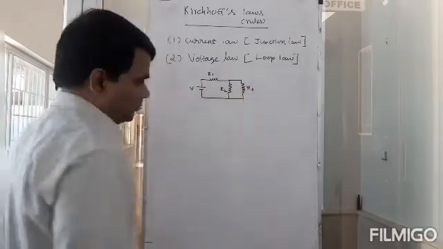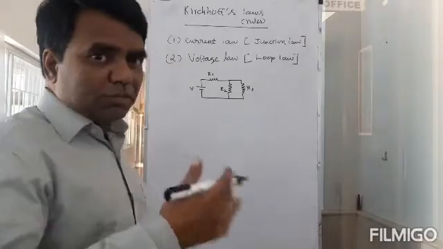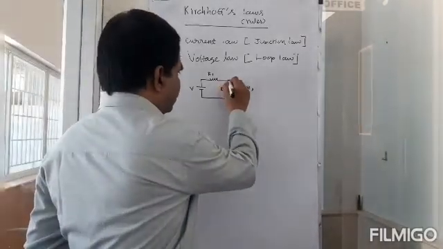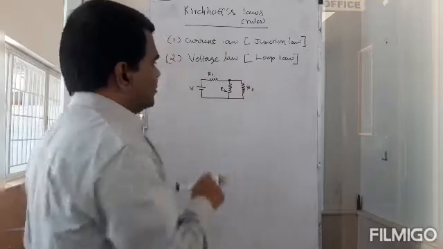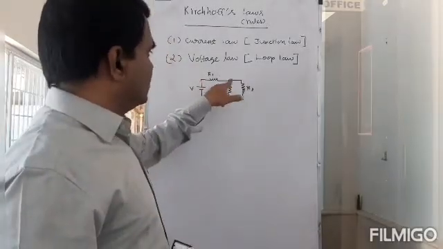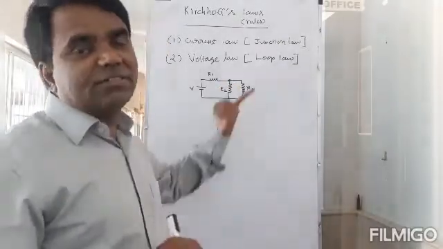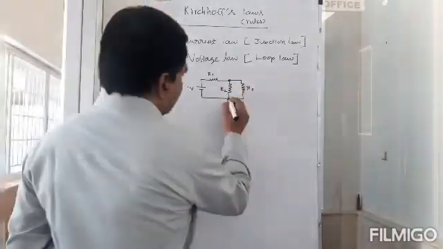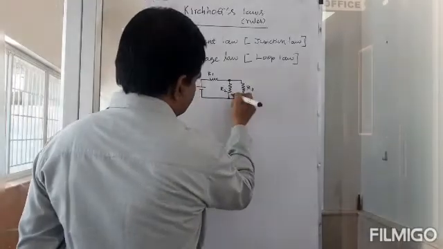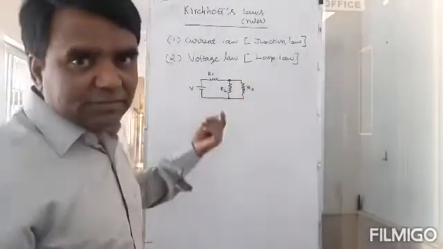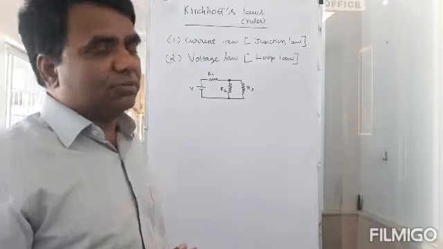This could be R3. So which is a junction? I can call this a junction. You see there are 3 wires meeting here. That's a junction. And likewise, I can call this also a junction, because 3 or more wires can meet at a position.